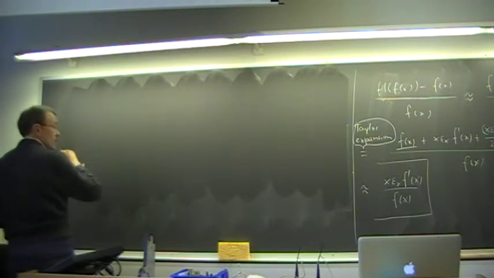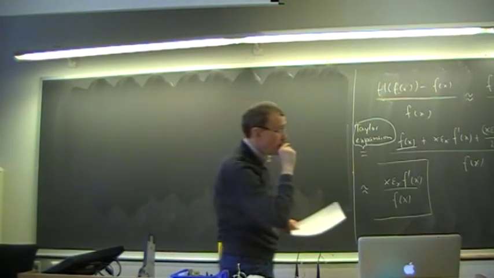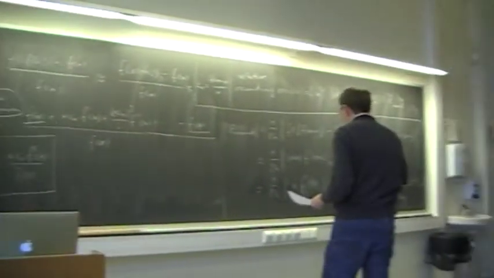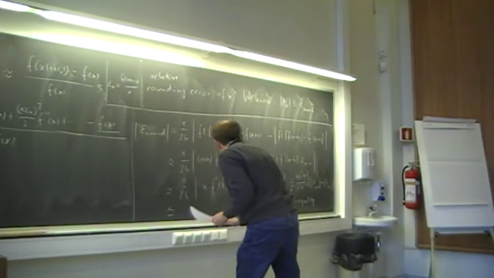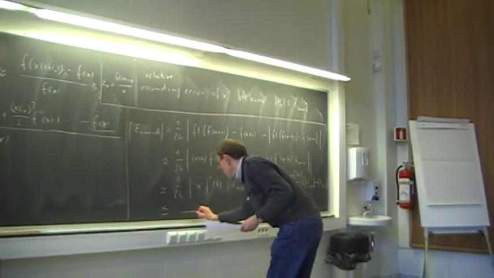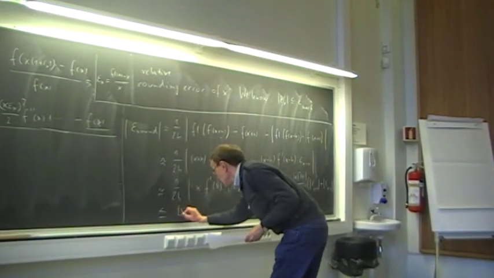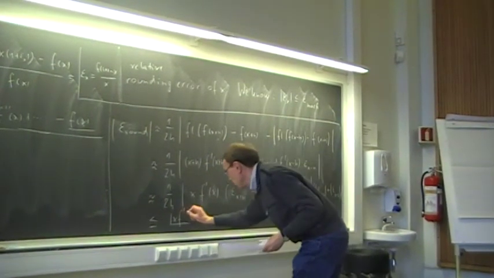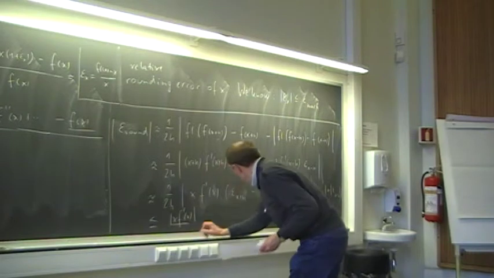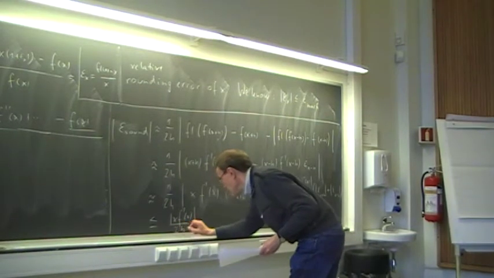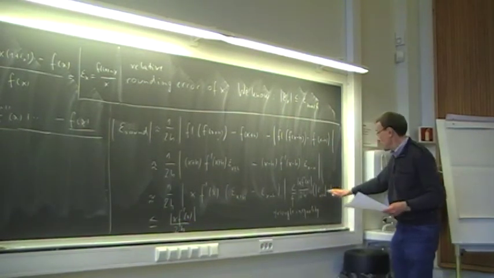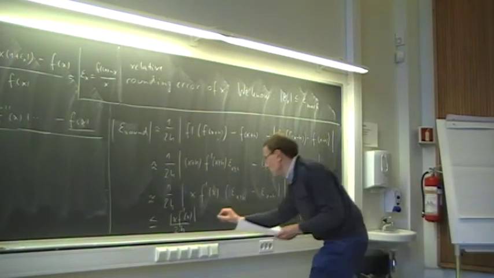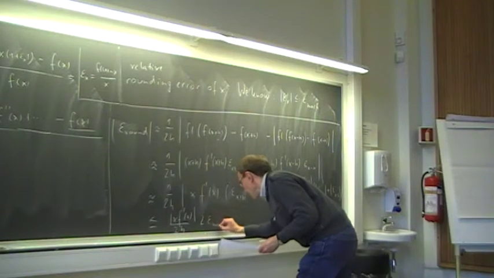So first, let's see, maybe we can do that still here. So we continue this inequality over there, and we say this is smaller or equal to the absolute value of x times f prime of x divided by 2h, and here those are estimated by the same argument as here, by 2 times machine epsilon.